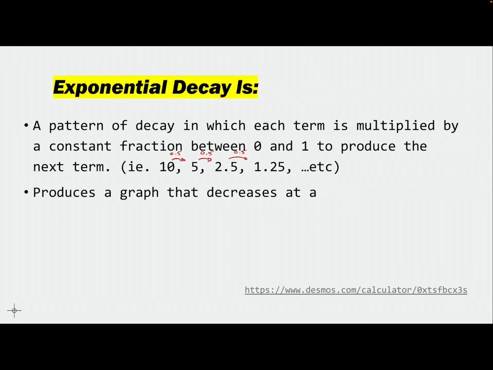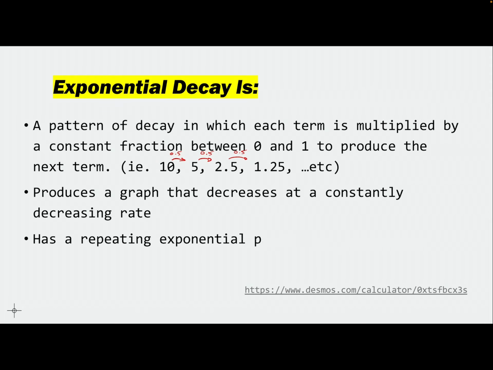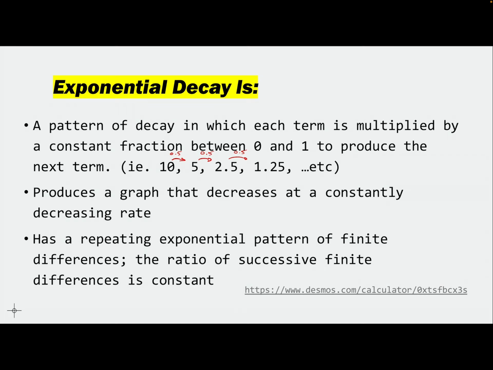So in terms of a graph, that's going to show up as a function that's constantly decreasing, and it'll actually be decreasing at a decreasing rate. And it has a repeating exponential pattern of finite differences. The ratio of successive finite differences is constant. So this is something that we will always see with exponential functions.